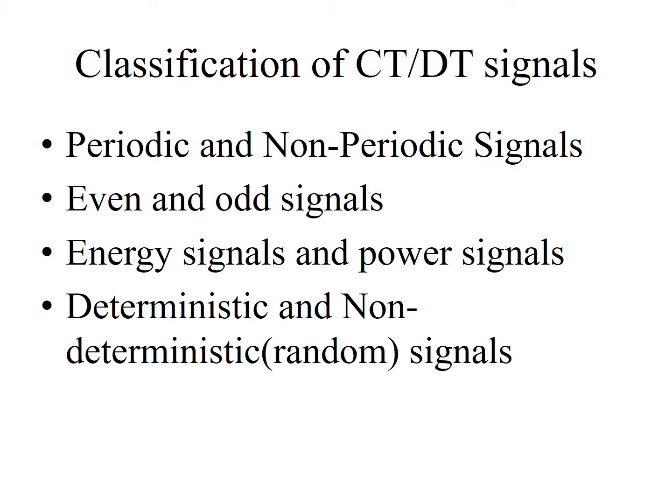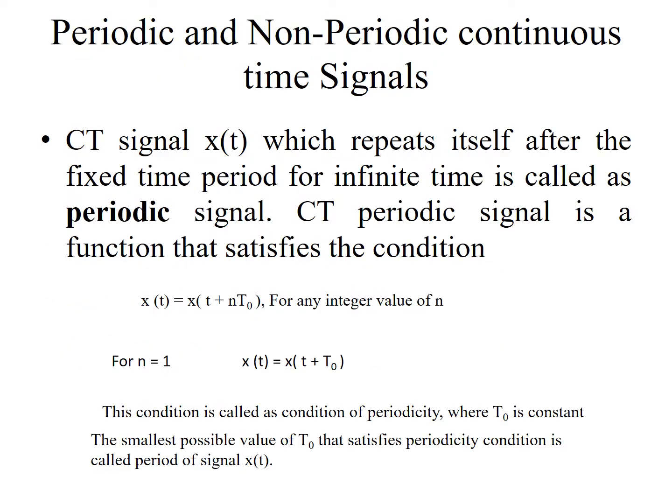Always there are one or two questions out of these first 3. Now, the last, random signals, we will deal with in unit number 6. But here we need to know the difference between what is meant by a deterministic signal and what is meant by a random one. Now, first we will go through periodic and non-periodic continuous time signals.